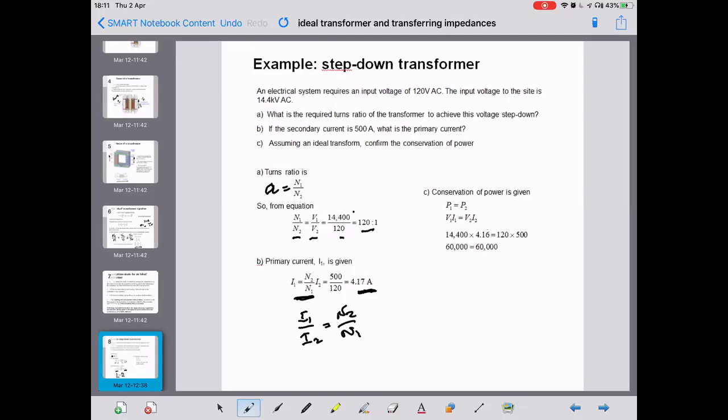And the conservation of power: if we multiply V1 by I1, we get 60,000. And if we multiply V2 by I2, we also get 60,000. So this is a 60 kVA transformer.